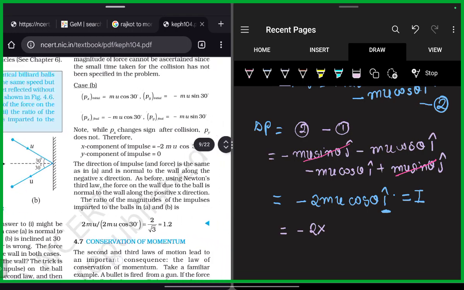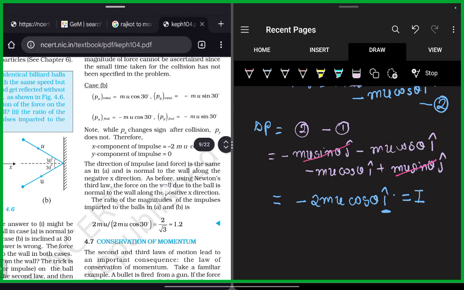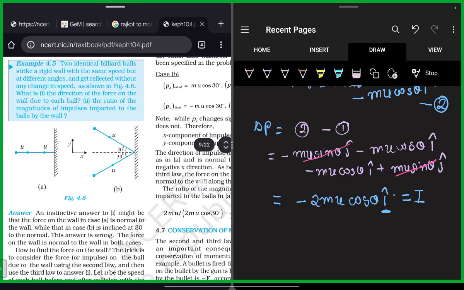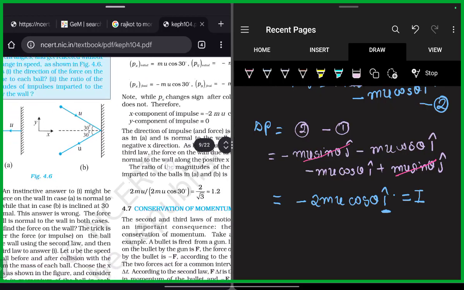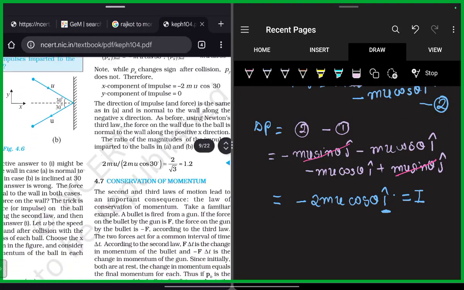In this example, as you can see, they assume the mass is given. So this is our final answer. Good.